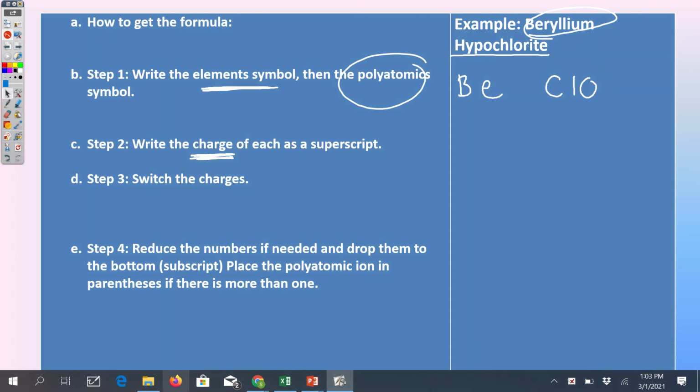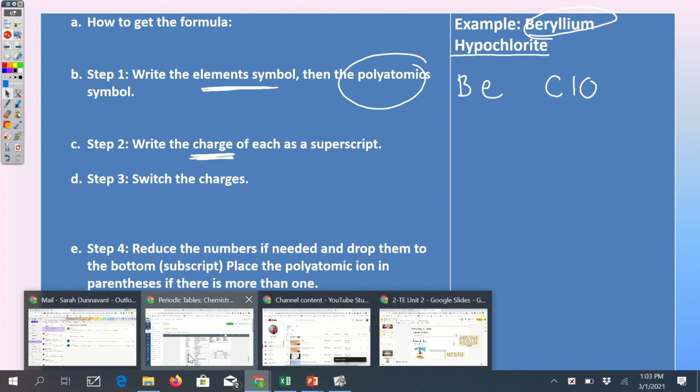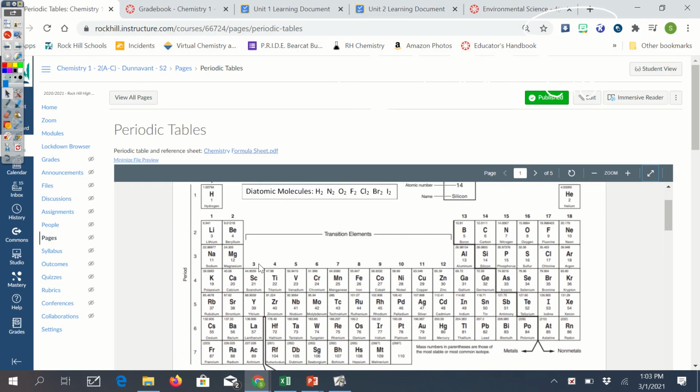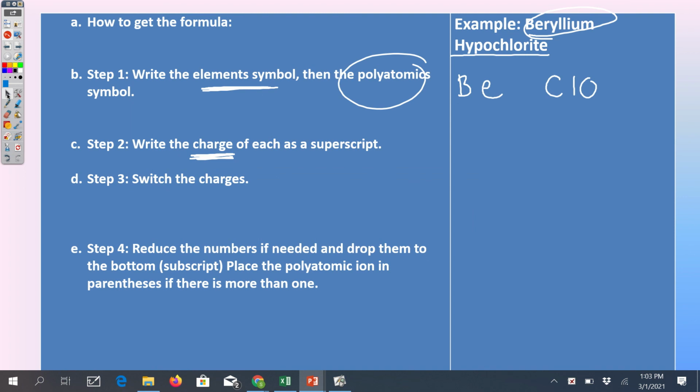For beryllium, I will show you on the periodic table. Remember, charges, right? +1, +2, skip these, +3, plus or minus 4, -3, -2, -1, and 0. So since beryllium is in the second group, it has a +2 charge. ClO has a -1 charge.